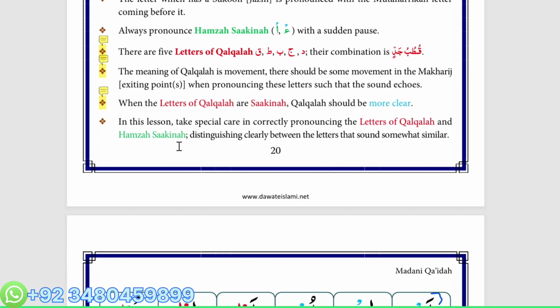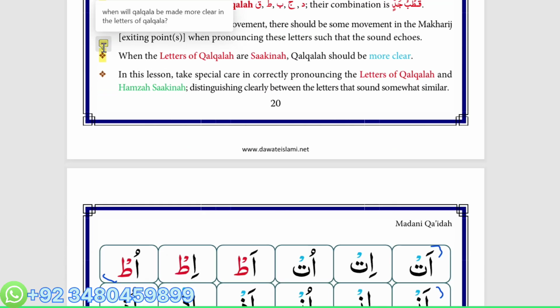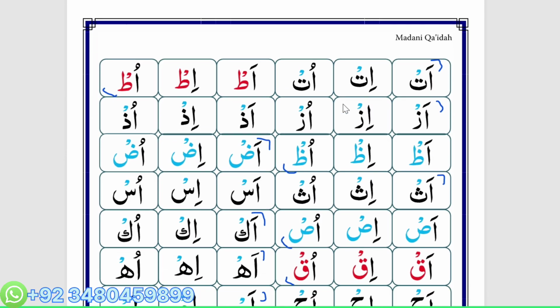Okay. Next point is when will kalkala be made more clear in the letters of kalkala? When the letters of kalkala are sakina, kalkala should be more clear. In this lesson, we have multiple kalkala letters and all are actually sakina.